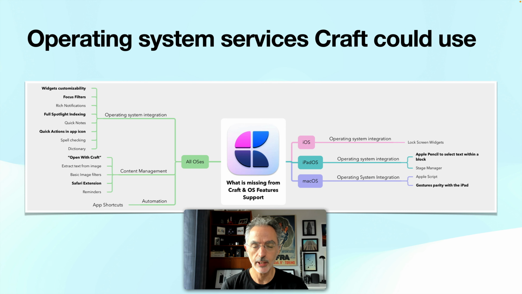To help me with this video, I created the following diagram that you see on the screen. Operating system features are sometimes dependent on a specific device or can be common across all the operating systems. On the left side of the diagram, you see features that are the same even if you are on the iPad, on iPhone, or on the Mac.